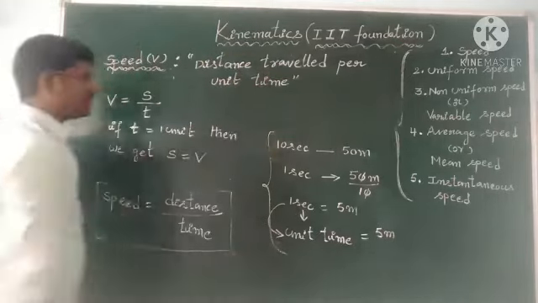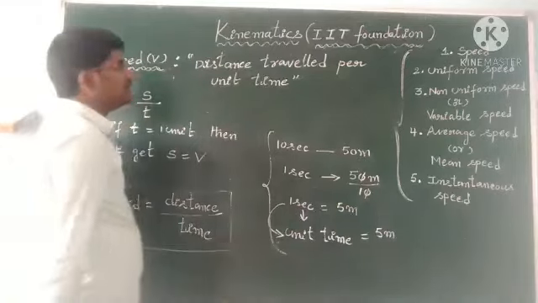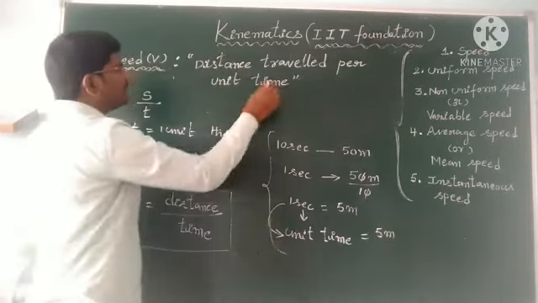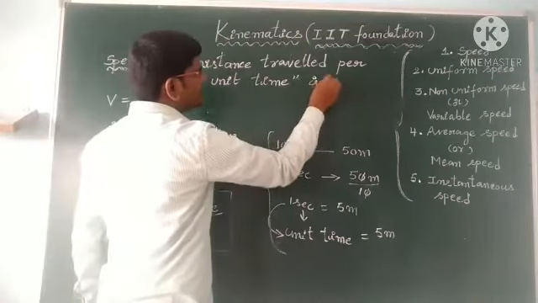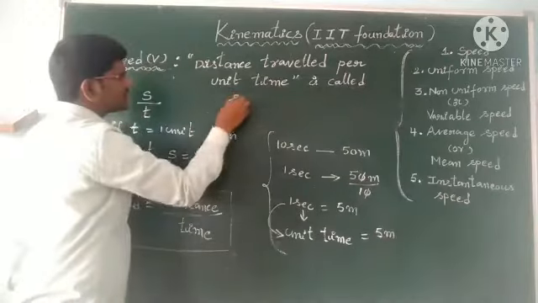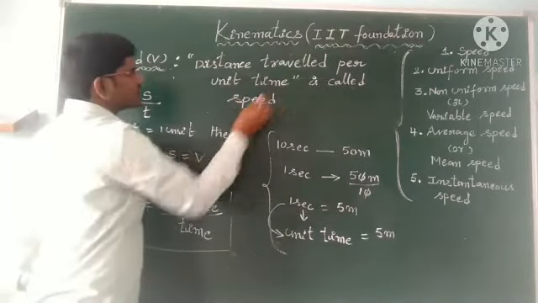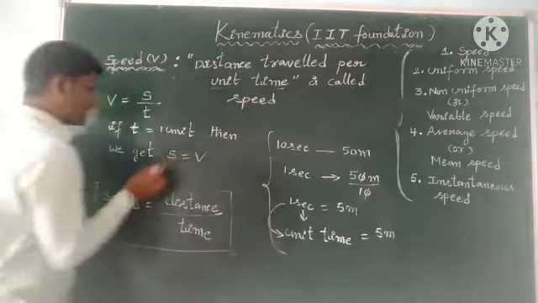Distance traveled per unit time is defined as speed. Unit distance traveled per unit time is called speed. So see my dear students, we know that unit time means 1 second.